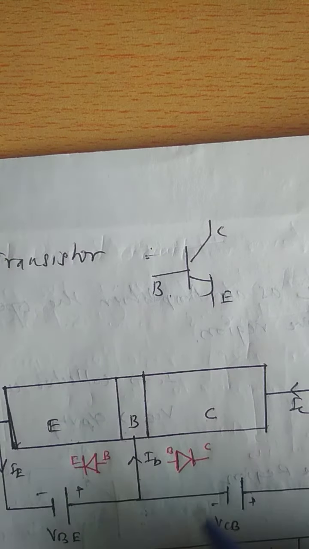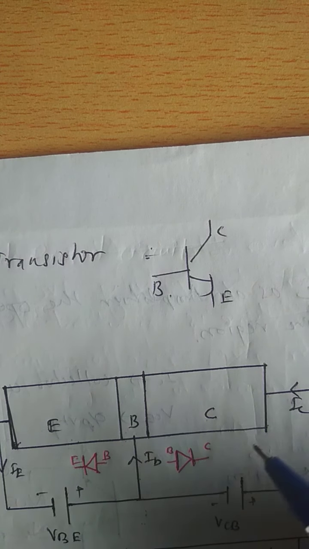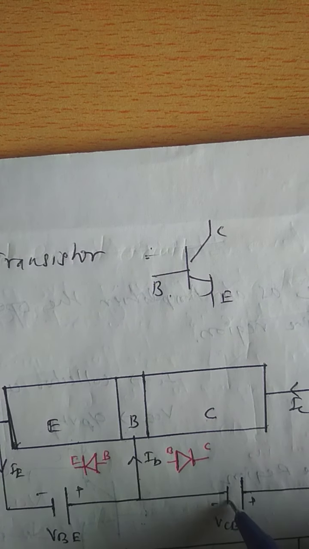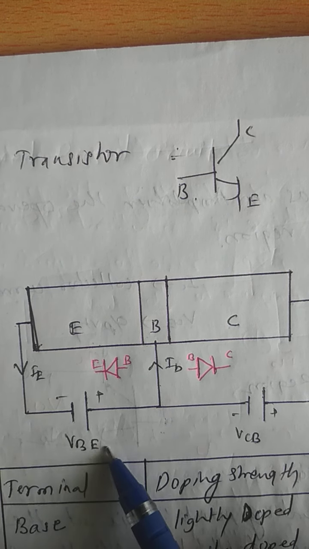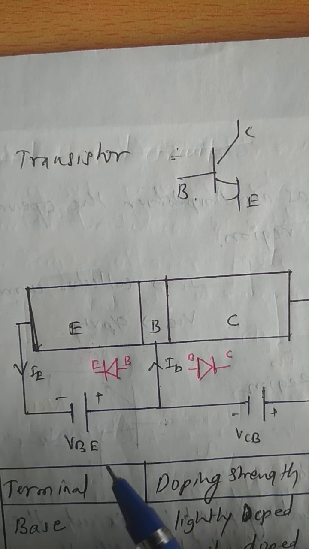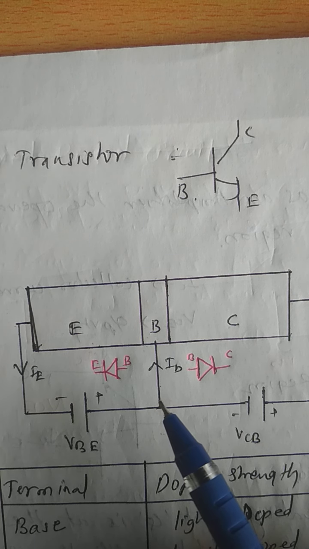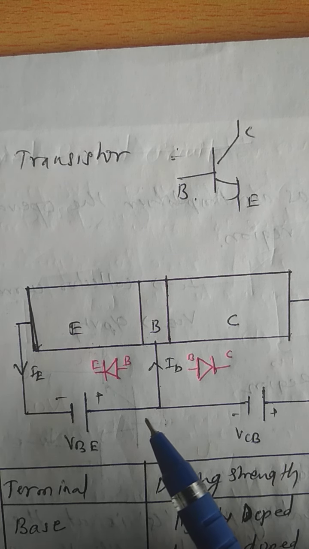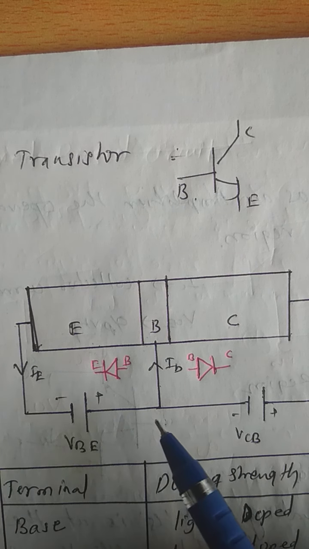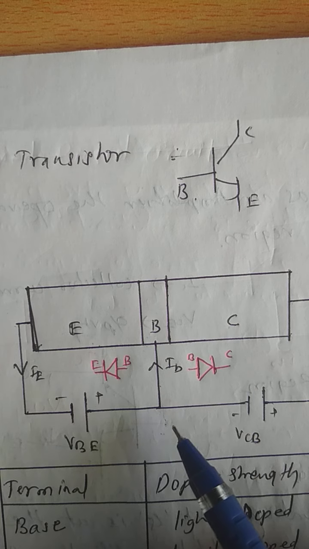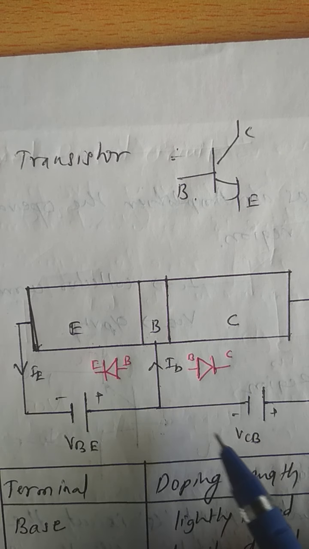To keep the device in the active region at a primary level, we can use two DC batteries. In this case, we have two batteries indicated as VBE and VCB. In practical usage, we do this arrangement using only one battery and resistors. But to understand the concept, we go with two batteries.